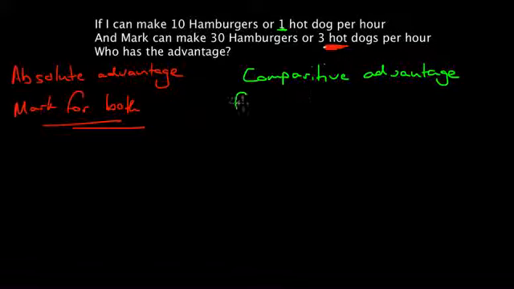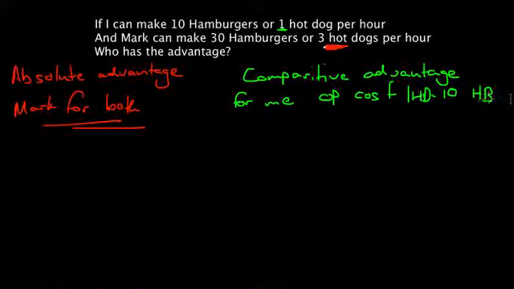So for me, my opportunity cost for 1 hot dog equals 10 hamburgers. Sorry, that's just a bit messy there. Try and neaten it up. So it's 10 hamburgers.